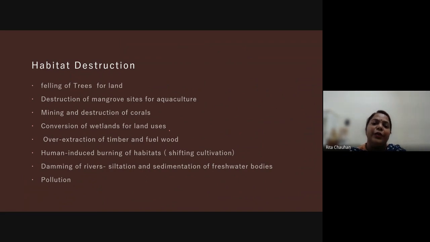Examples are lakes and ponds. In a small area, when we fill it up with water, after some time you can see small green plants come up there, and then animals, fishes will come up there.